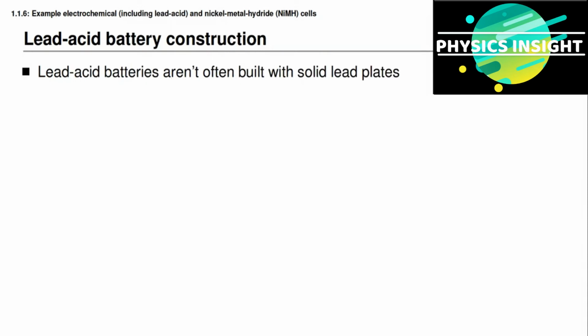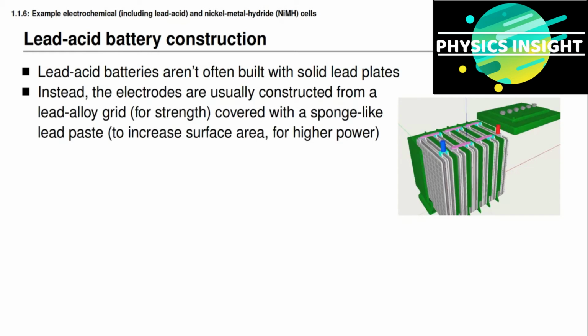Now, lead-acid battery chemistry was invented more than 150 years ago, so the technology is very mature. Even so, there are some variations in how lead-acid battery cells are constructed depending on the application for which the battery will be used. For example, lead-acid batteries are not usually built using solid lead plates like you might think at first.